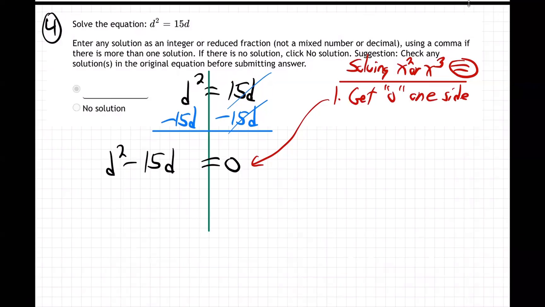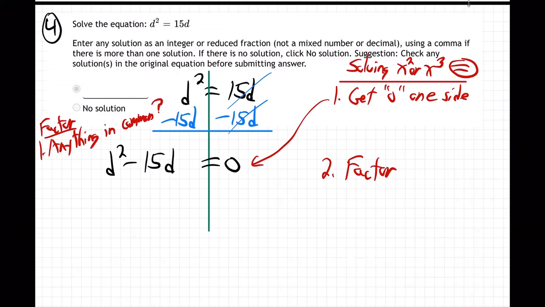What do we do now? Step number 2 is to factor. So how do you factor? Well, remember the first step in the factoring. First step is you ask, is there anything in common? Do these two terms have anything in common? The answer is yes, they have a d in common.